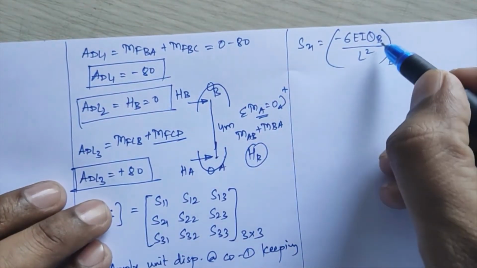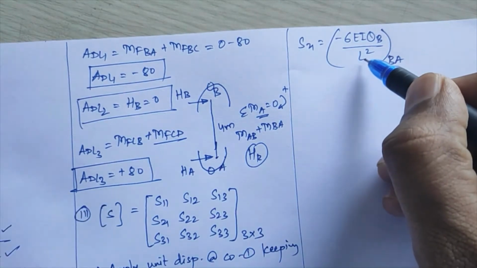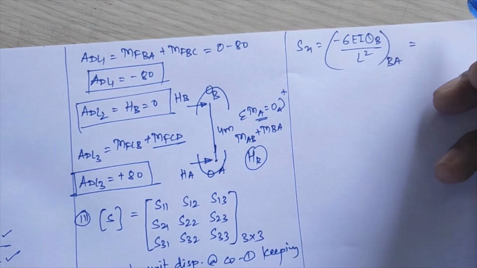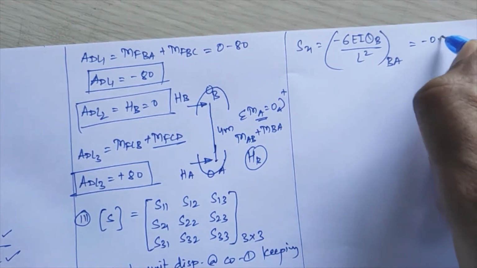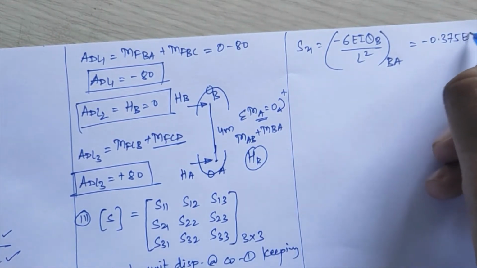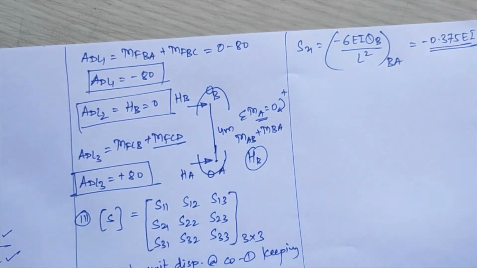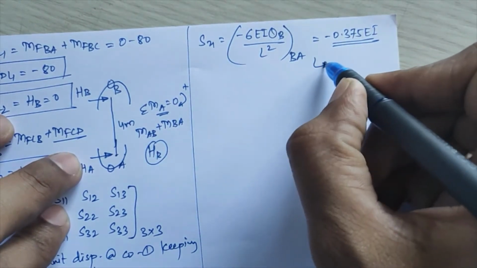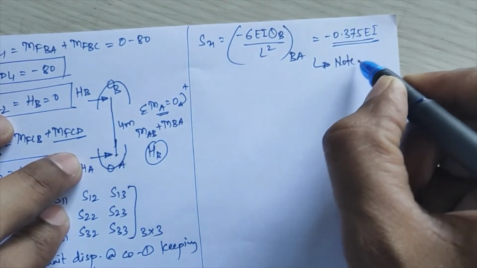Substituting theta B equal to 1 and L equal to 4, minus 6 upon 4 square, I am getting minus 0.375 of EI. You can note it down here.